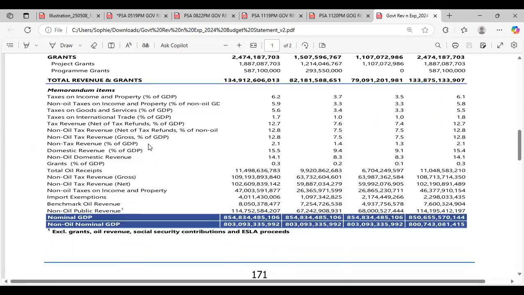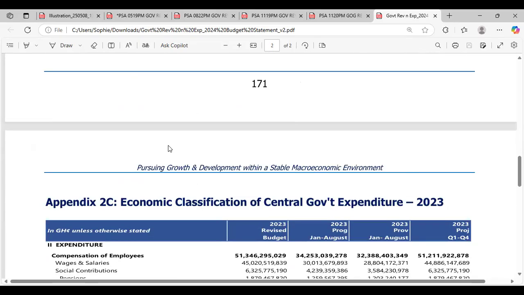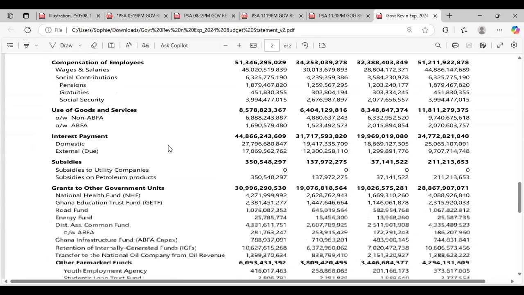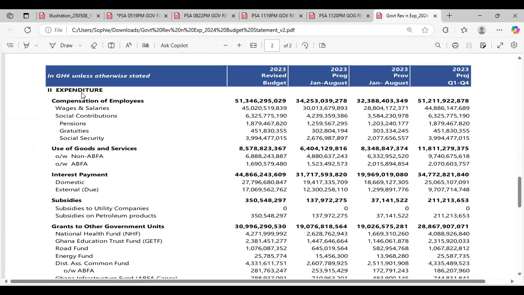Then the GIFMIS classification. So we get a total revenue here. Then let's go and look at the GIFMIS classification of expenditure. Look at it. This is something I think we did last week or so. Compensation of employees, what are the items under it? Wages and salary, social contribution, pension, gratuity, social security.